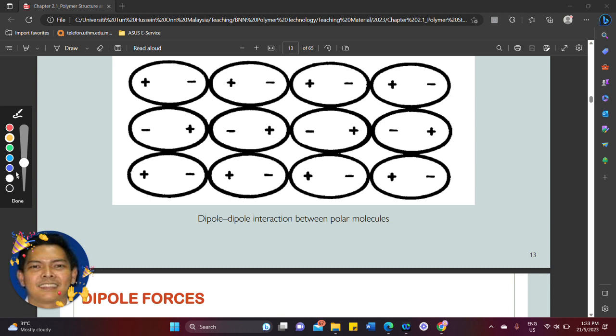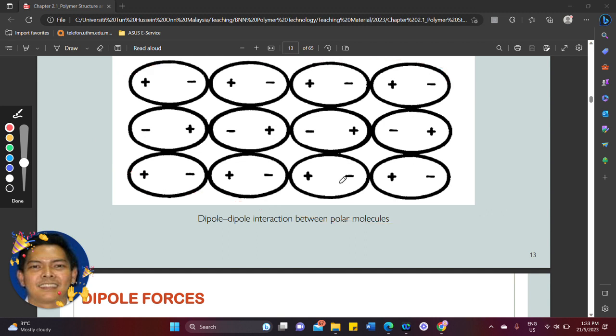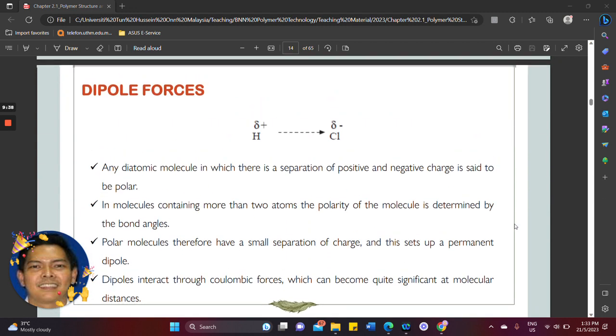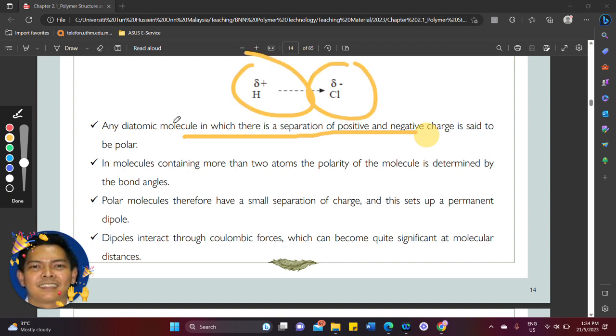This diagram shows you the dipole-dipole interaction between polar molecules. You can see the interaction between each molecule being exhibited here. Dipole forces: any diatomic molecule in which there is a separation of positive and negative charge is said to be polar.